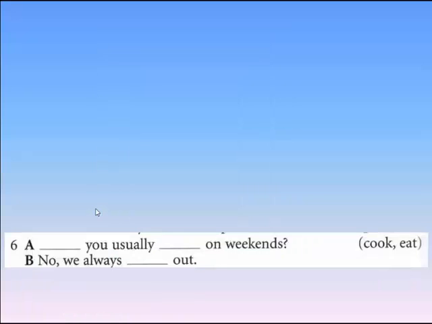Here we have the verbs cook and eat. You usually on weekends. No, we always out. Here are my two clues. If we use adverbs of frequency, in general, we are talking about routine.